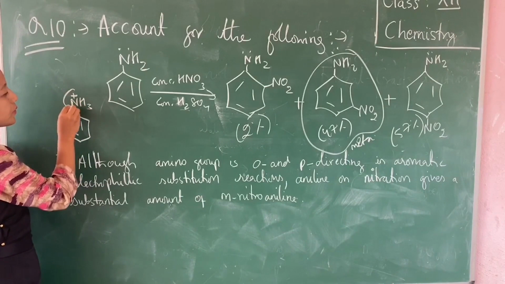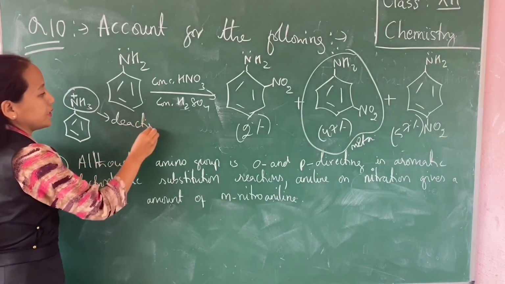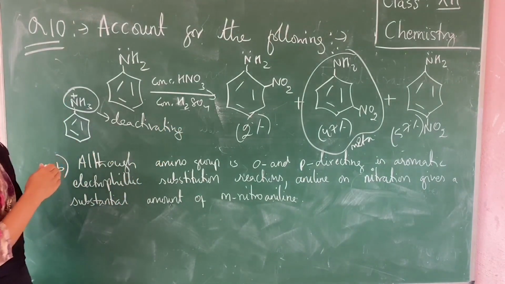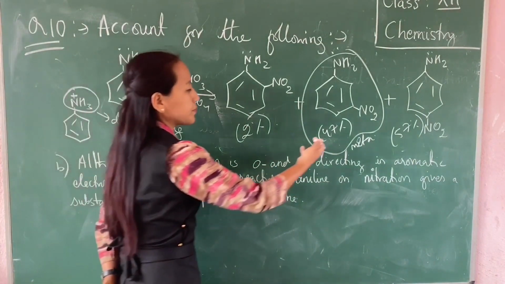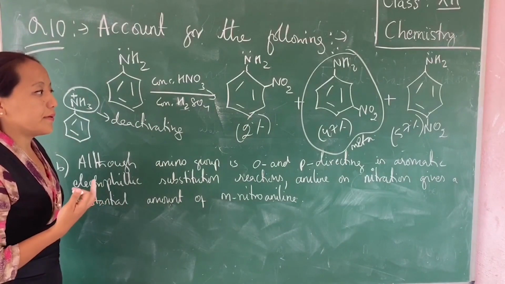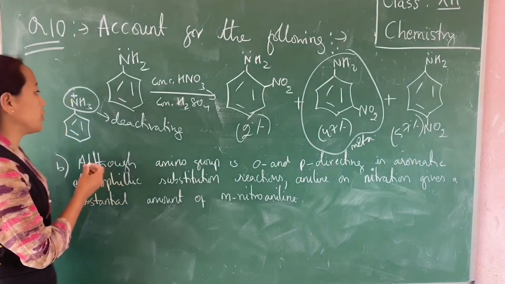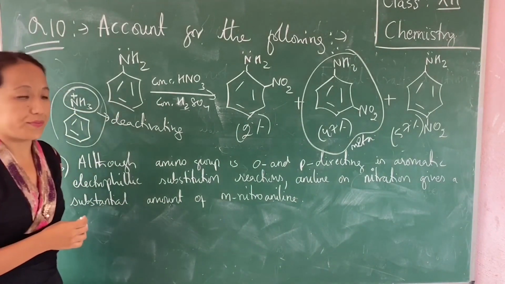Now, this group is deactivating in nature, therefore it will direct a certain amount of product towards the meta. So therefore you are getting a substantial amount of meta product because of the formation of anilinium ion, which acts as a deactivating group.